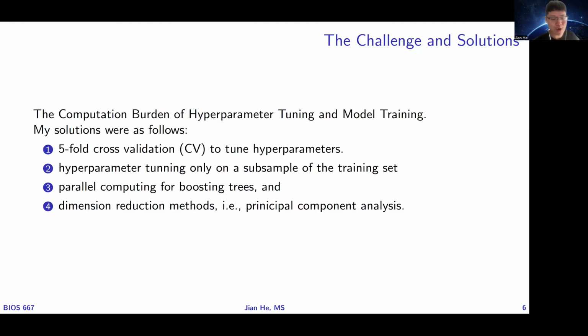And I did parallel computation for boosting trees. I attempted to use a dimension reduction method, principal component analysis, to reduce the number of predictors. But in the end, due to interpretability, I didn't include the result.